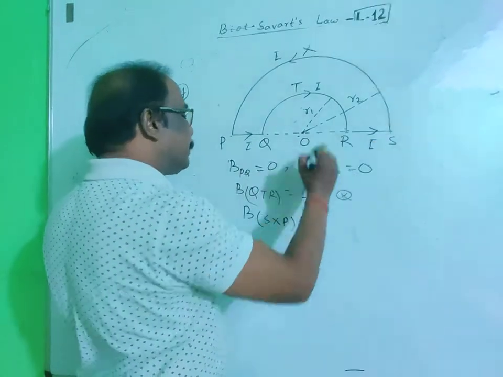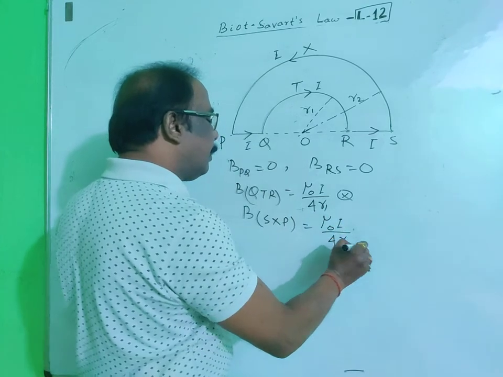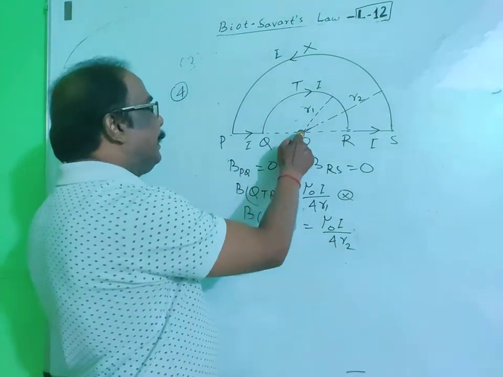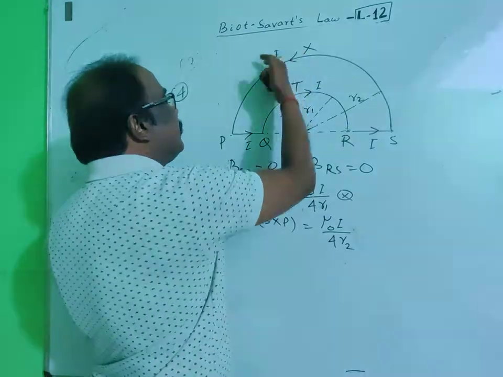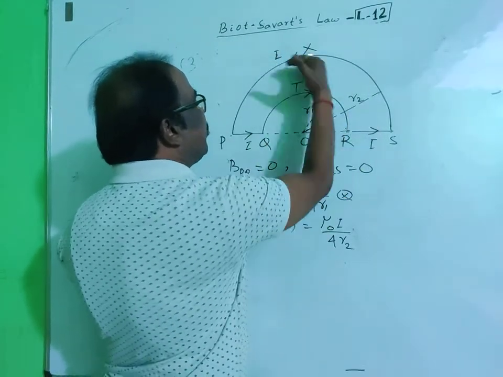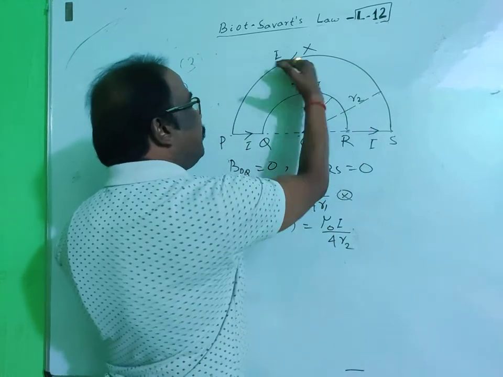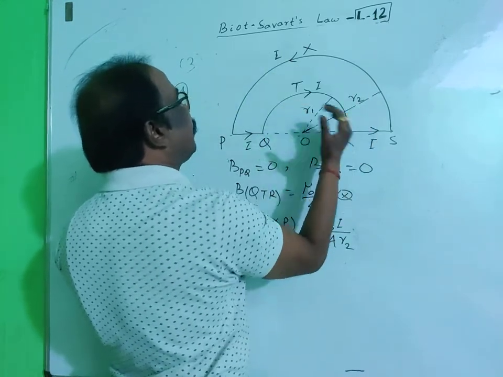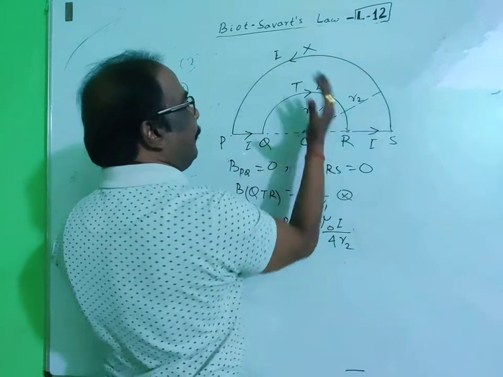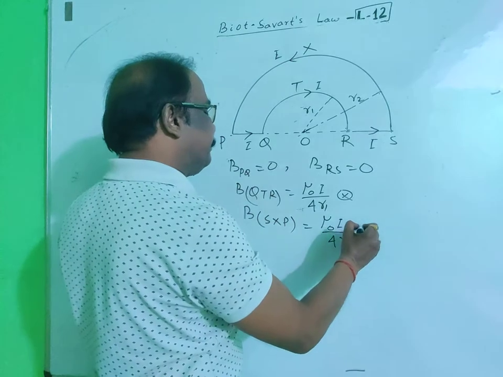Again, for a semicircle, magnetic field is mu naught I by 4r, radius is R2. Then magnetic field at center due to this semicircle: curl your finger, current is in anticlockwise order. If fingers are curled anticlockwise, then magnetic field at O is outward. Anticlockwise, outward. Outward means a dot field.